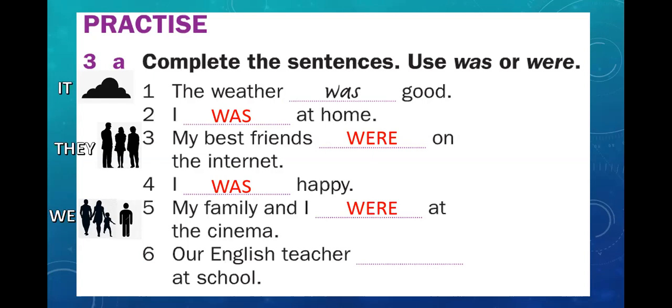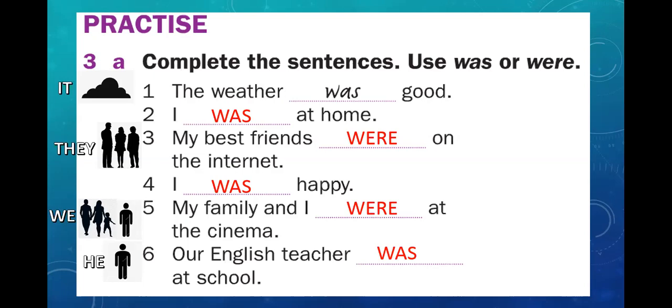It's not only I. You have a lot of people in a group, including yourself. Number six, our English teacher, okay? In your case, because of me, we're talking about he. In other cases, you could say she, but in this case, he was. Okay, our English teacher was, because our English teacher could be represented with he. Our English teacher was at school.